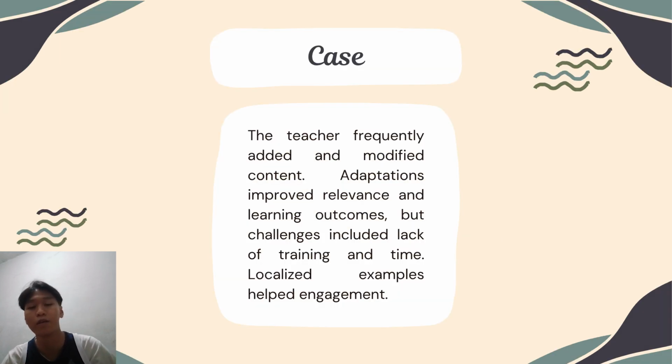The case that we found in the article is that the teacher frequently added and modified content. Adaptation improved relevance and learning outcomes, but challenges included lack of training and time; localized examples helped engagement.